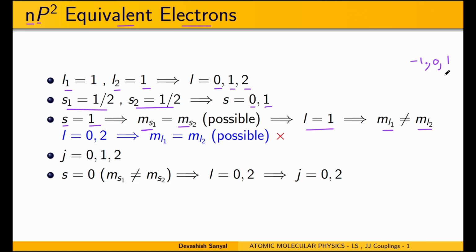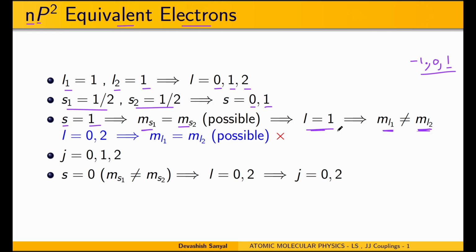Like that we can see that this is a possibility, and this will always be true, that ml1 will not be equal to ml2. Because if ml1 is equal to ml2, that means the two electrons can both have the value 1 and 1, and then in that case it will become 2. So 2 is not a possibility for the z component when L is equal to 1.